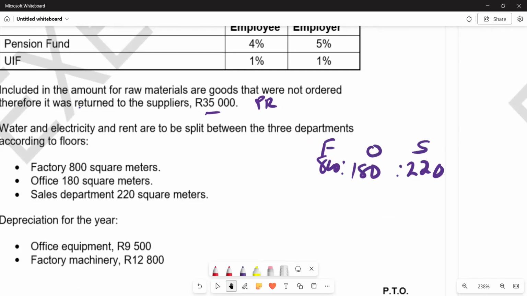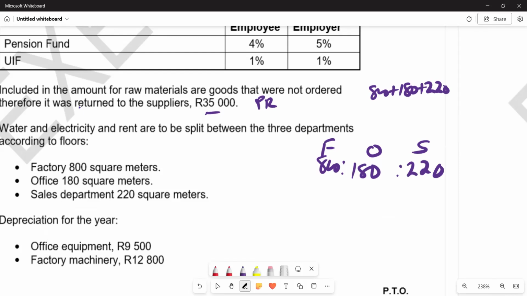To make this ratio simple, we have to add the parts, and that becomes our denominator: 800 plus 180 plus 220. If you add 800, 180, and 220, you are going to get 1,200.